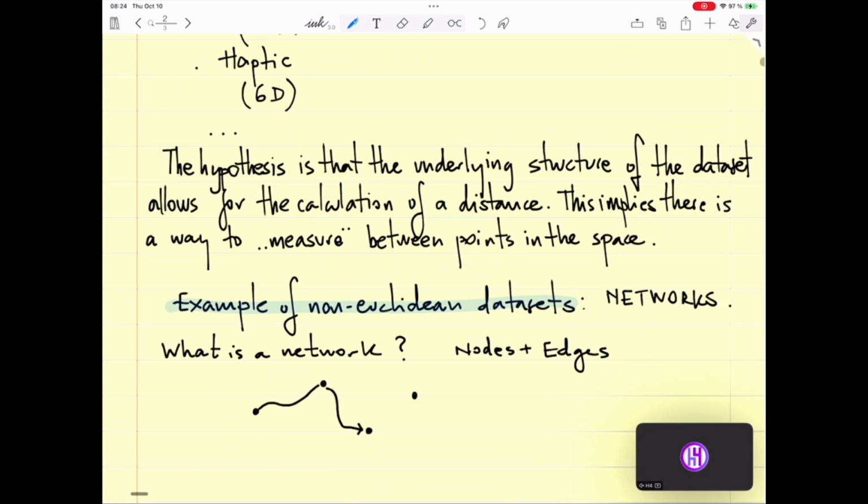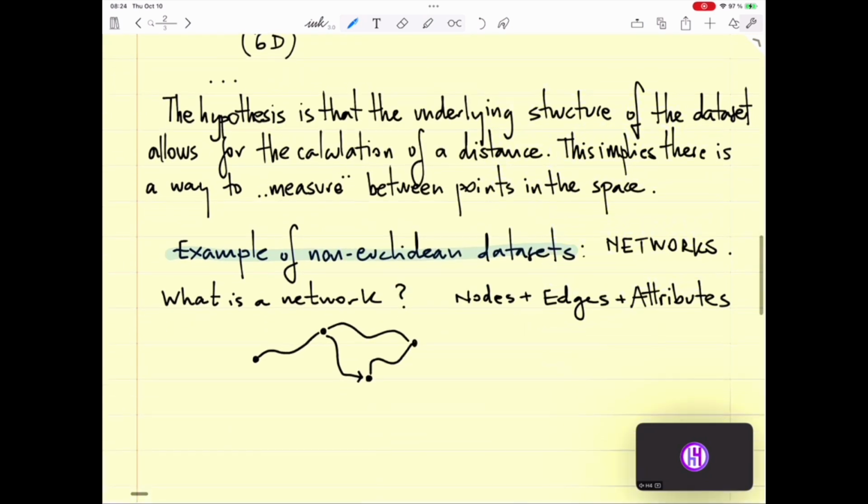Can be directed or not. And some attributes of those nodes and those edges, okay? Some information that can be within these nodes and edges.